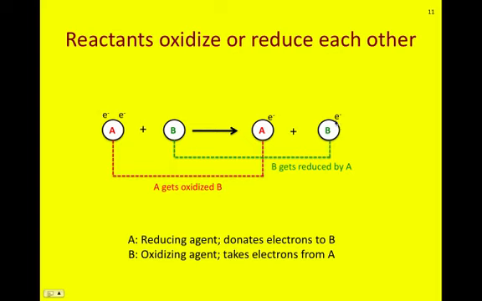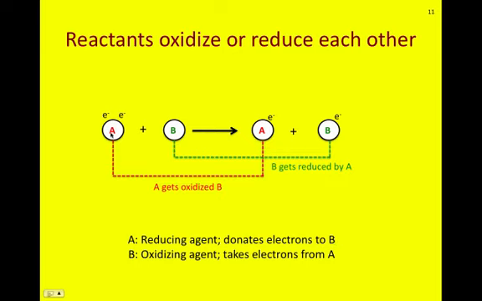The 1 that it lost ends up on compound B. Therefore, A gets oxidized by B, and compound B is known as the oxidizing agent because it takes an electron from A. Compound A is known as the reducing agent because it donates electrons to compound B.